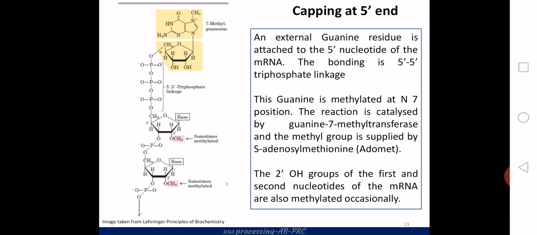You can see the first and the second nucleotides of the mRNA at the 5' end, and usually 3 phosphate groups will be there in the first nucleotide of the mRNA molecule, and to those phosphate groups there will be a special bonding, commonly we call it the 5' to 5' triphosphate linkage, and through that linkage this 7-methyl guanosine will be attached to the 5' end.